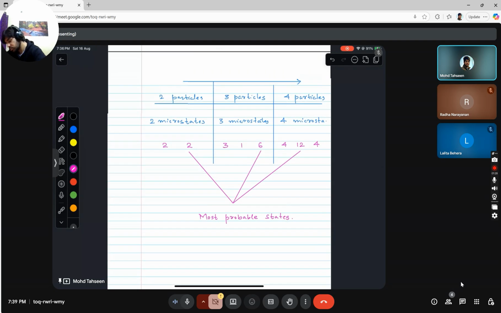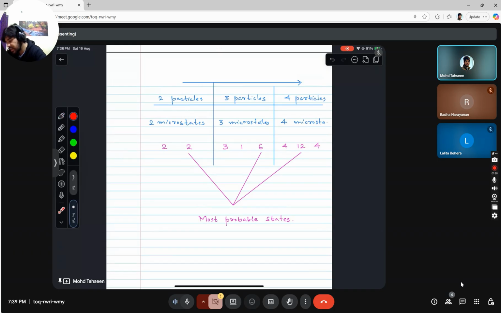Now the observation is, as the number of particles increases, the difference between the most probable state and all other states increases. What do I mean by the difference? In this one, the most probable state has 6 ways, and the next probable state has 3, so we have a difference of 3.